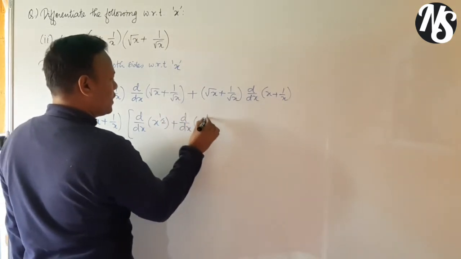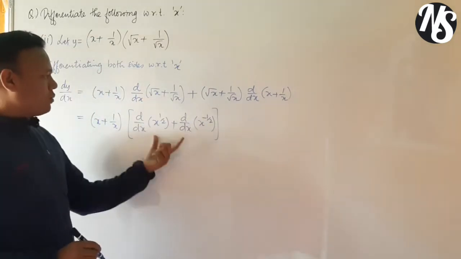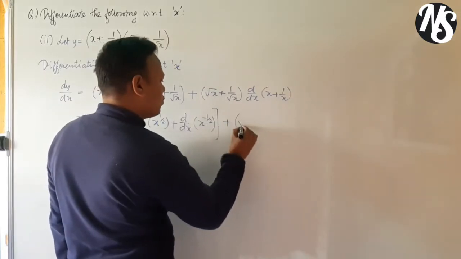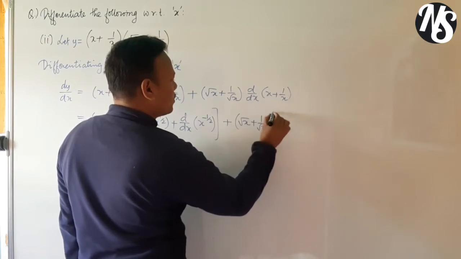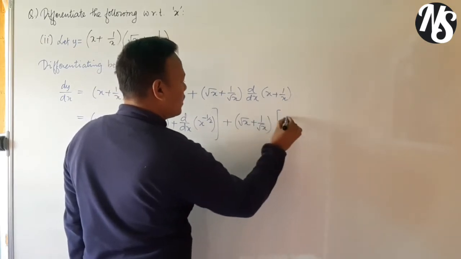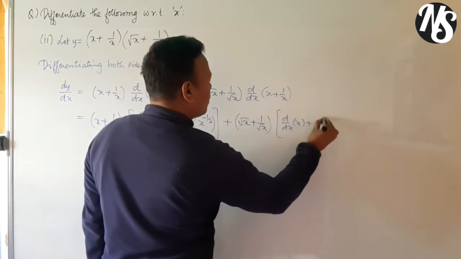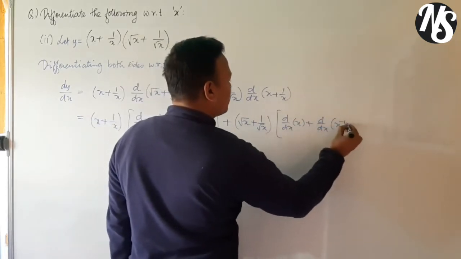It is x to the power minus half, isn't it? Yes, so this can be written this much. Similarly, the same thing will be done here. So this is root x plus 1 by root x. Okay, so again d by dx of x plus d by dx of 1 by x, that is x to the power minus 1.